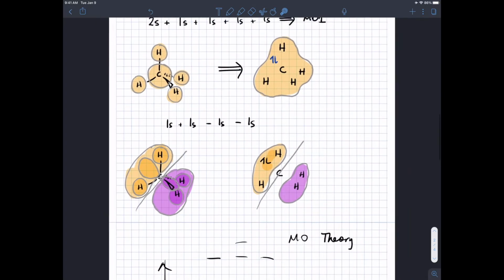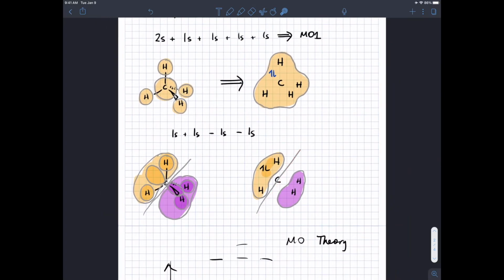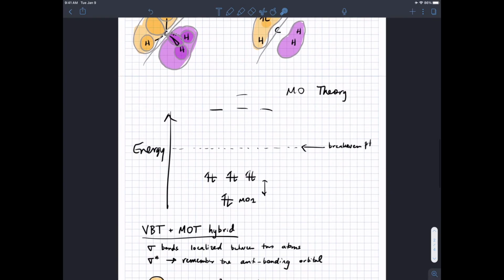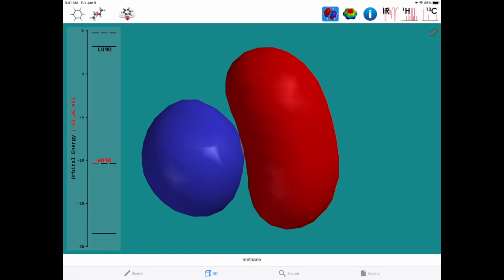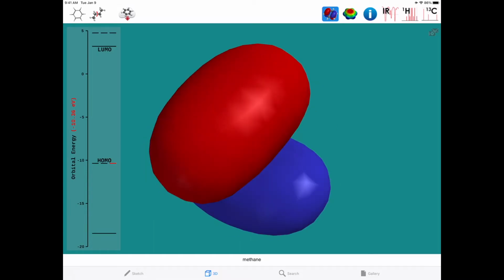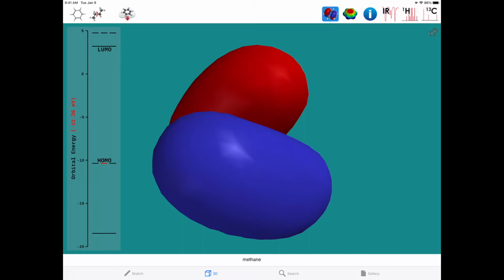And we said that those with 1 node must be higher in energy than the one that had 0 nodes. And so you come to the conclusion that in methane you have 4 bonding molecular orbitals, the one that has 0 nodes that is lowest in energy, and then the group of 3 that has 1 node that are all equal to each other in energy. The reason you know they're equal to each other in energy is from calculations and because they actually have the exact same shape, just oriented in different directions.